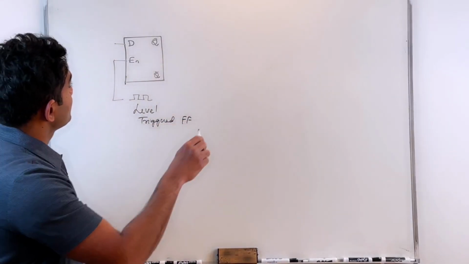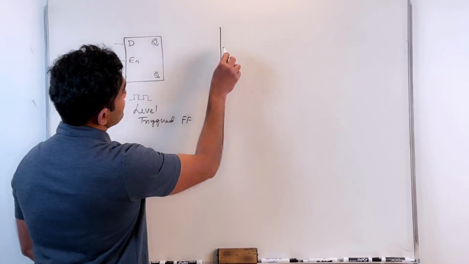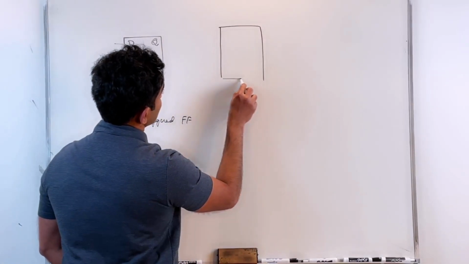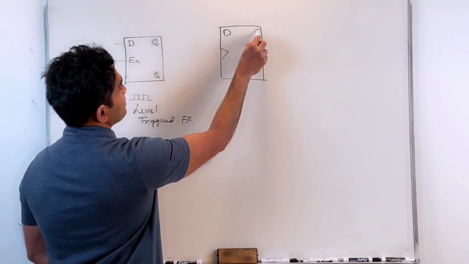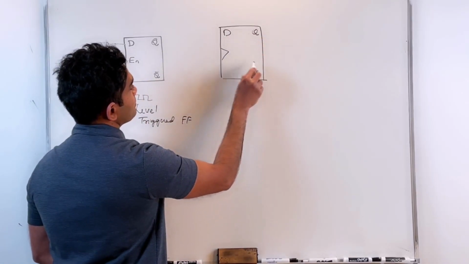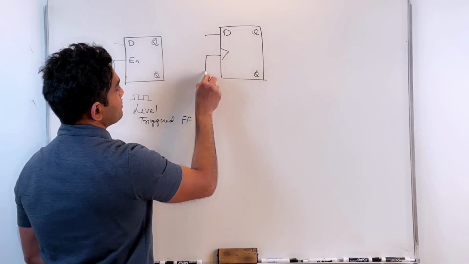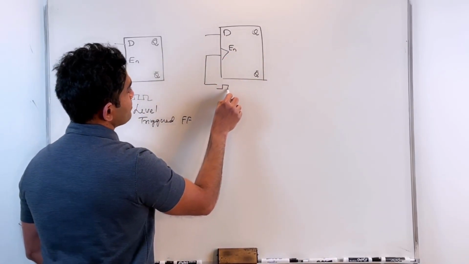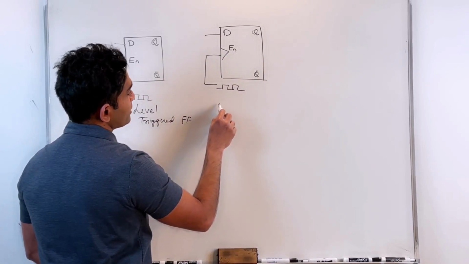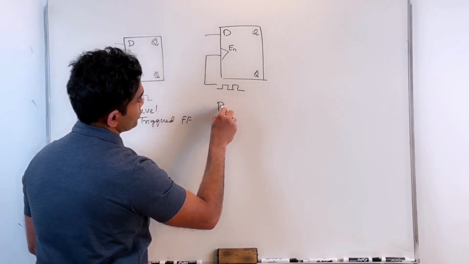Okay. A flip-flop that is represented this way with an edge, something like that, where you're applying the clock, again, that's your enable input.